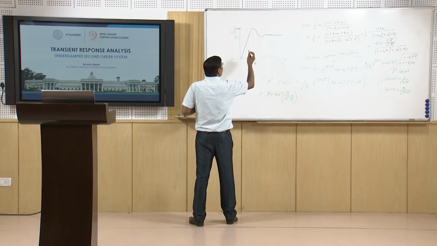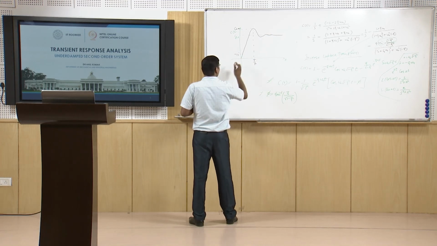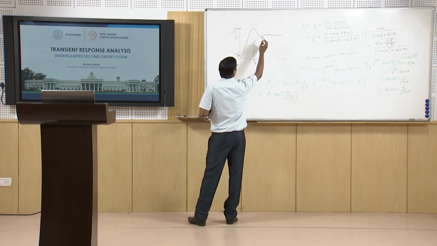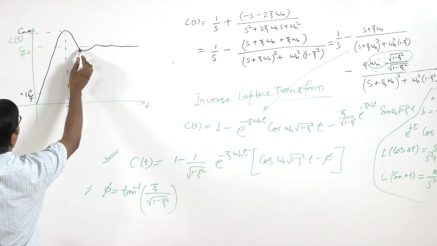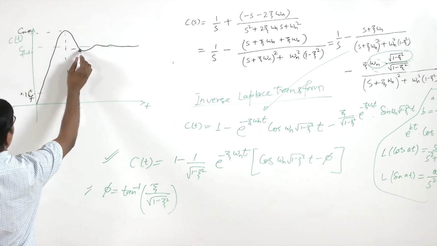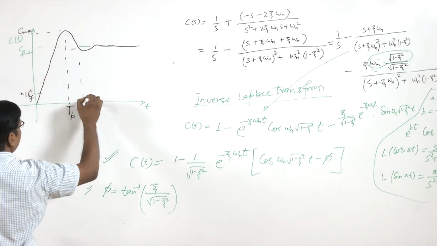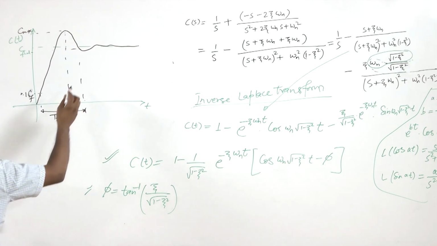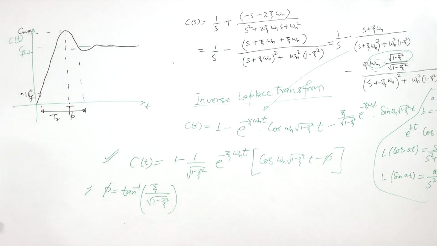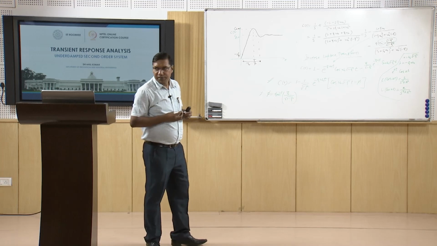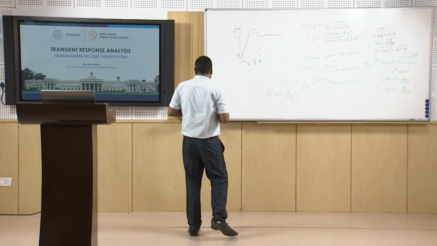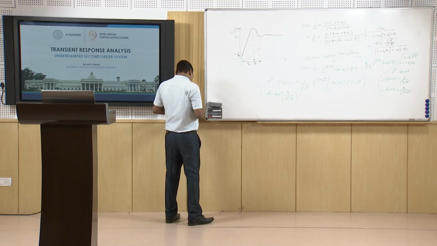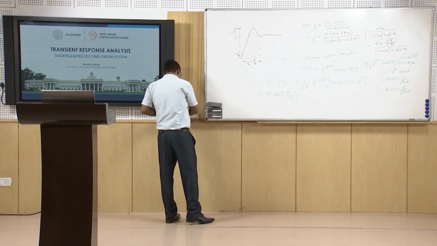Then here, 0.1 of the final value C final to 0.9 of this C final is rise time TR, and then 2% is settling time, when the response reaches 2% and stays within that limit of the final value.